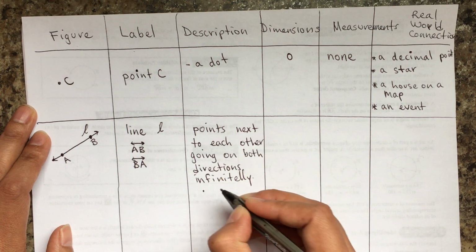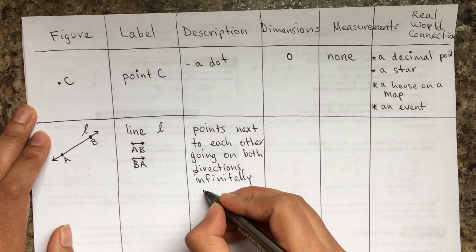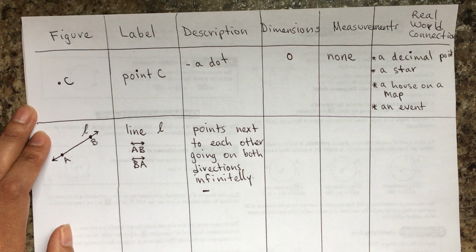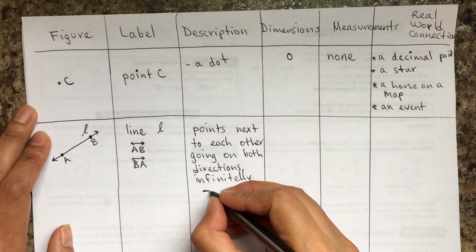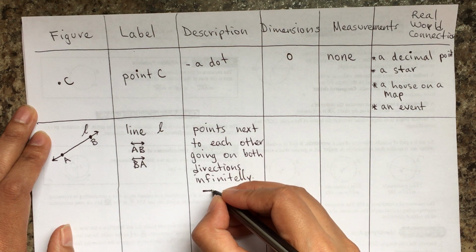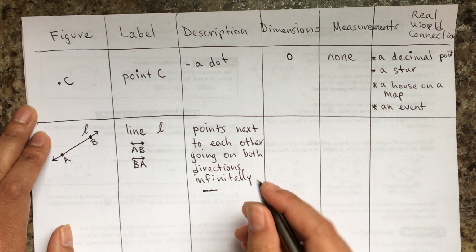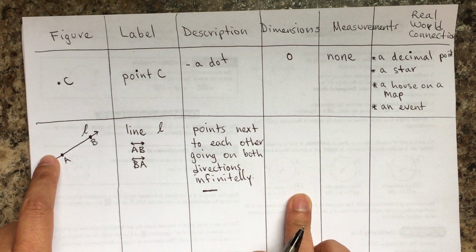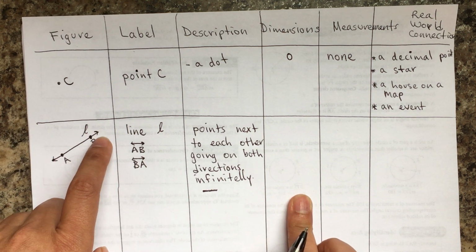Well, if you think about it, if I put a point right there, and then another point right there, and then another point right there, and another point, what's happening? Well, they form the line, and you would just be extending the points in both directions, right? That's why they have the arrows, because they go infinitely.